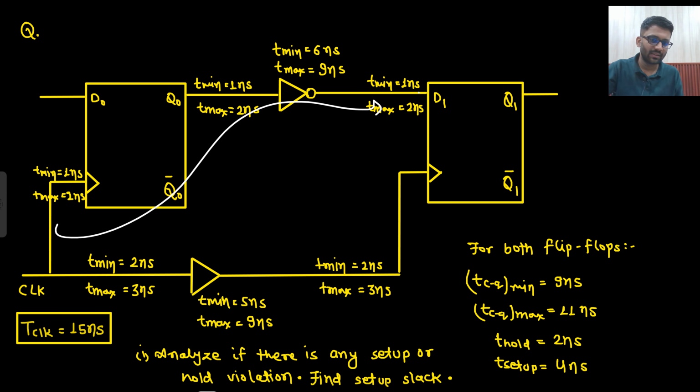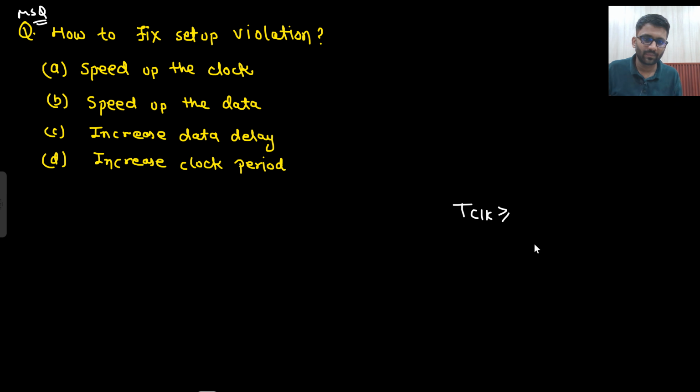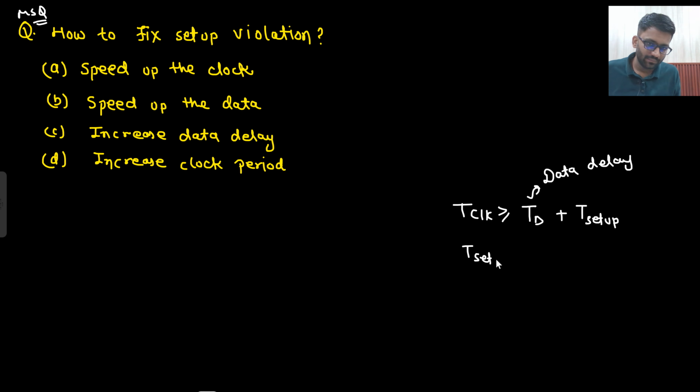All the delays I am denoting as TD, the data delay, because data will be stable after TD delay. So T clock is greater than TD plus T setup. From here you can see that my T setup is less than T clock minus TD.